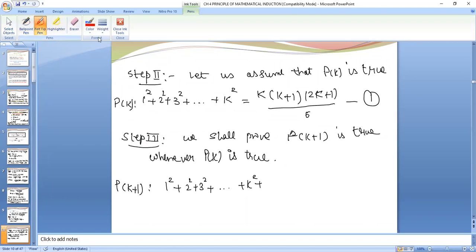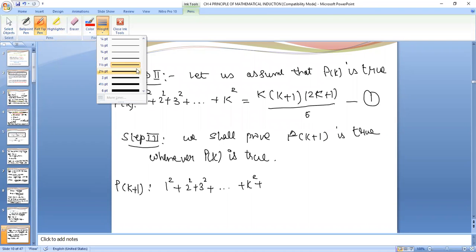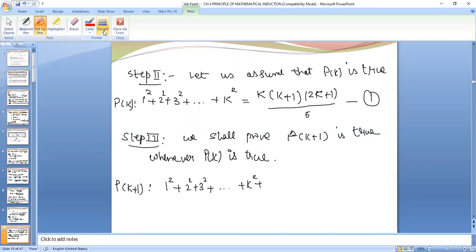They write k square plus 1, which is absolutely wrong. You are replacing k with k plus 1, so next will be k plus 1 whole square, because it is a square of each term: 1 square, 2 square, 3 square, kth term squared, and k plus 1th term squared.